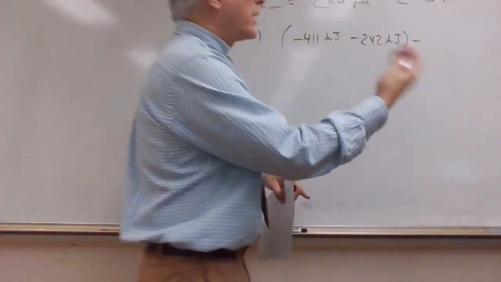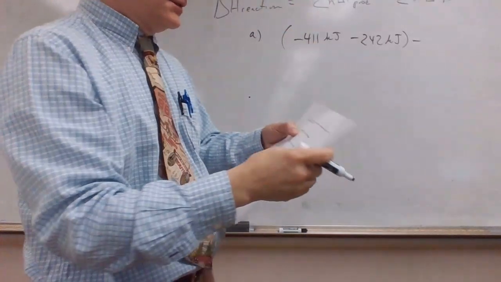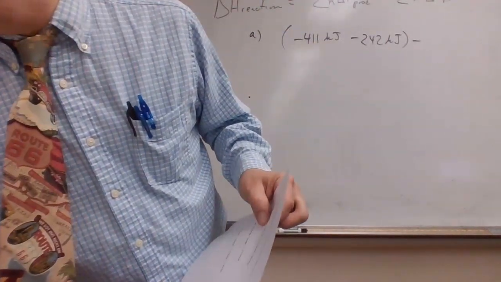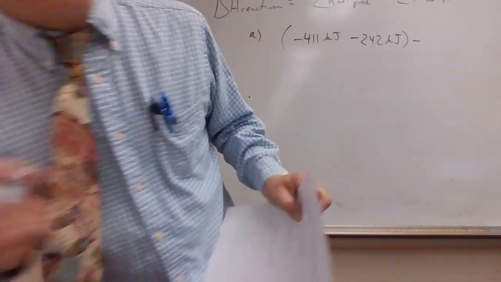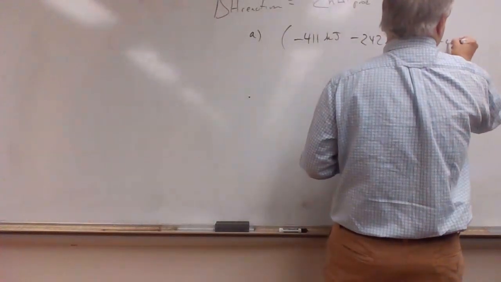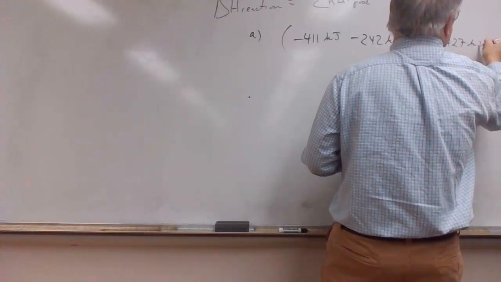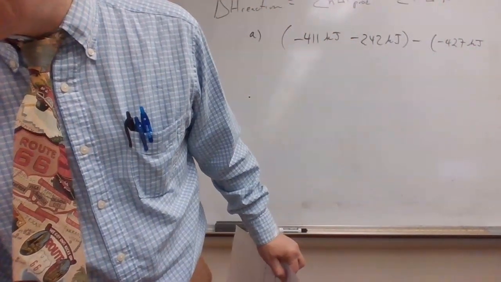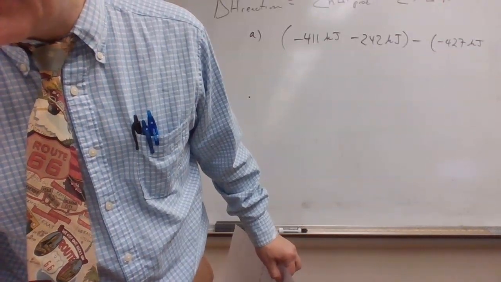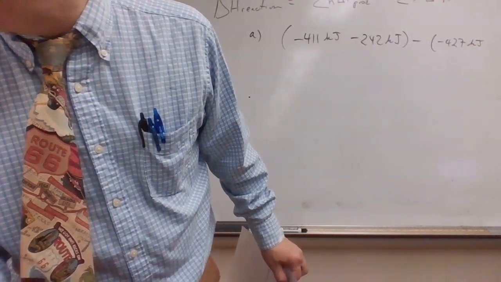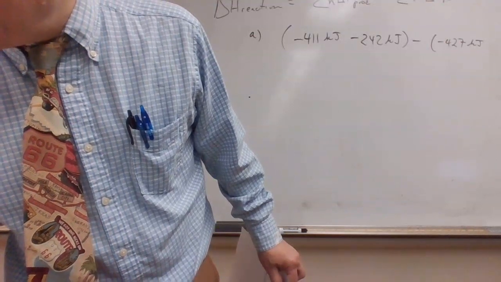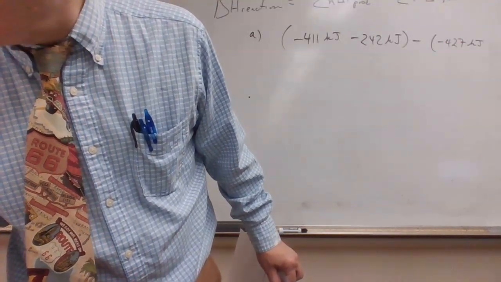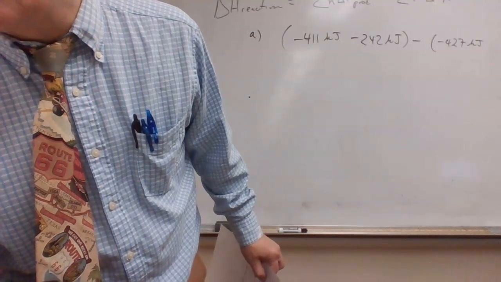Okay, now we're going to do the reactants. So we need that NaOH again, and that's going to be negative 427 kilojoules. And then we're going to look for HCl gas. We'll have to look for barium, beryllium, bromine, carbon, chlorine.